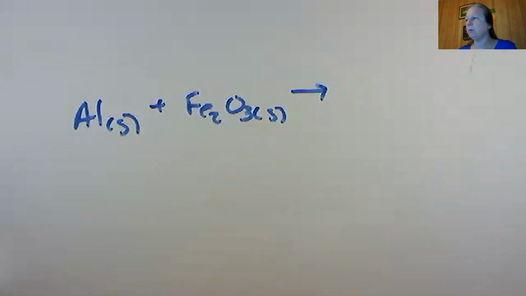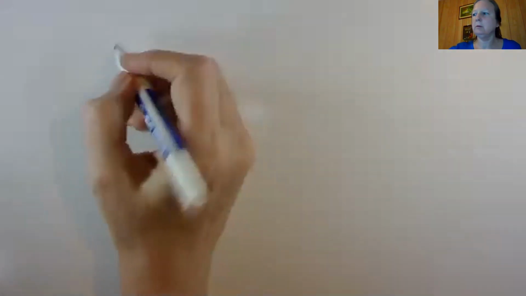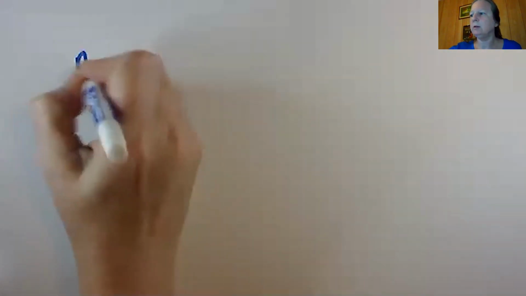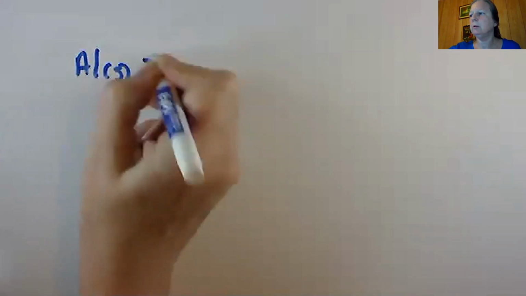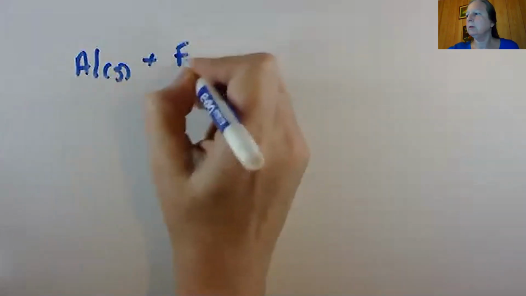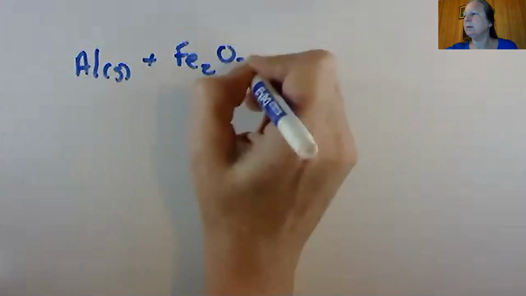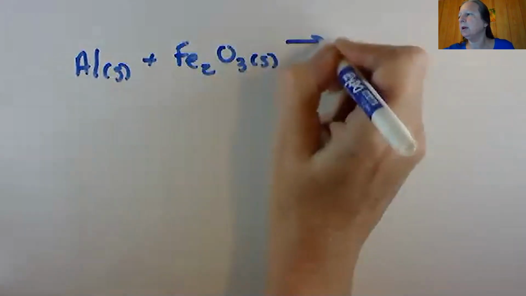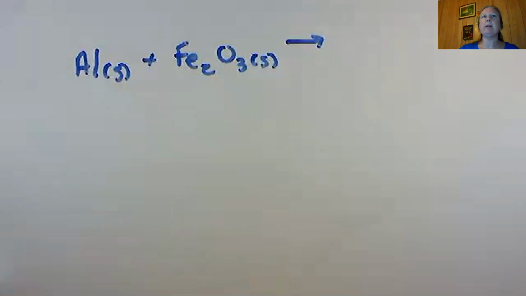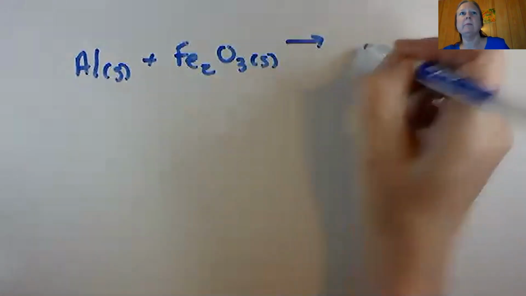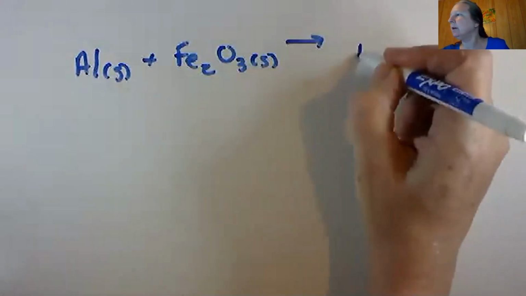Let me start over and try to write it smaller. So we have solid aluminum plus iron(III) oxide, solid, mixed together. I'm not going to put the heat in there because this is for balancing. Let's see, aluminum oxide.